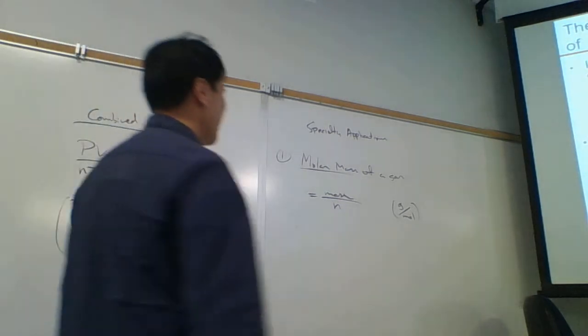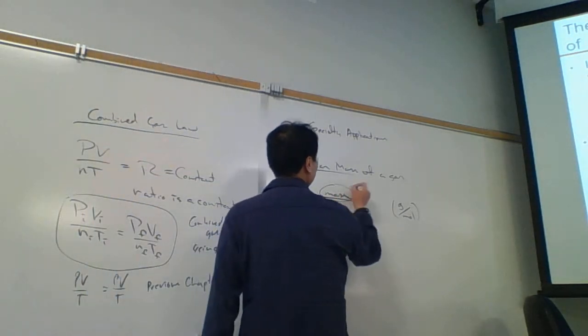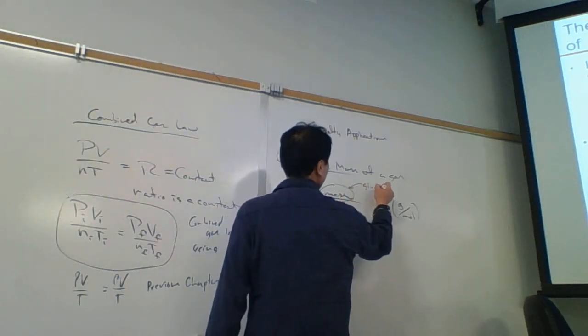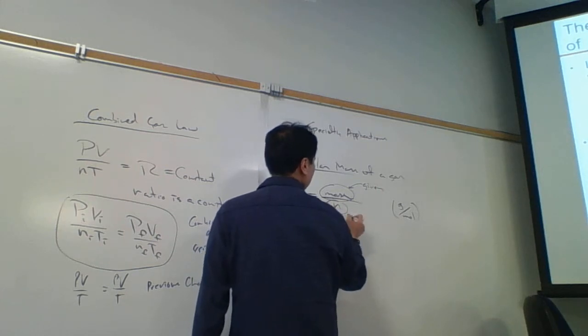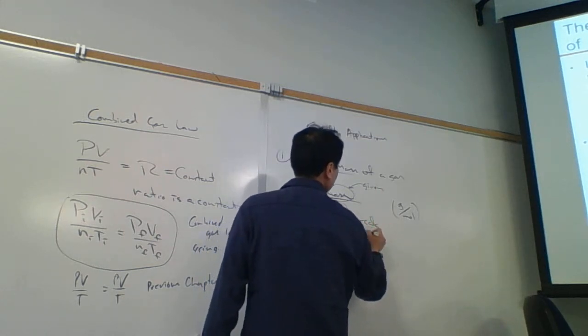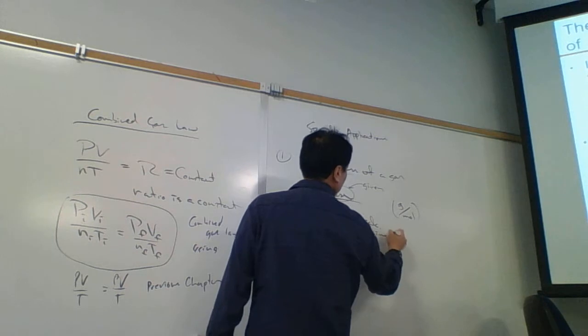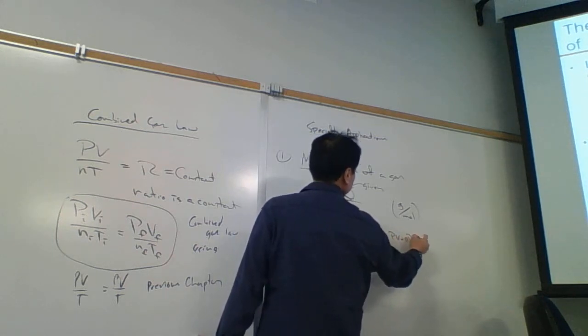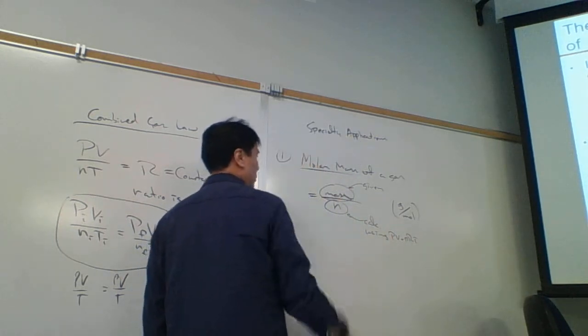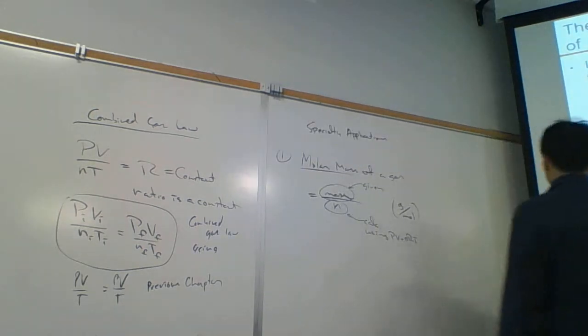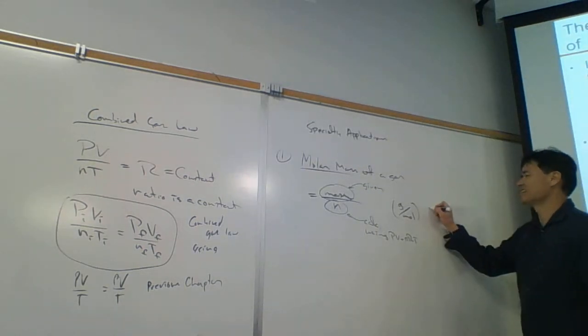Now the mass of the gas, this is given. The moles we can calculate using PV equals nRT. And so what we end up with is this.